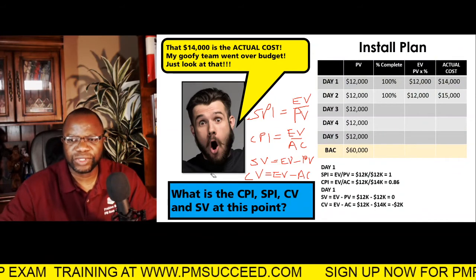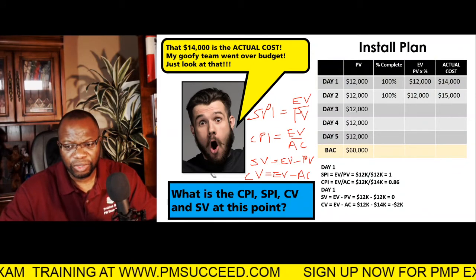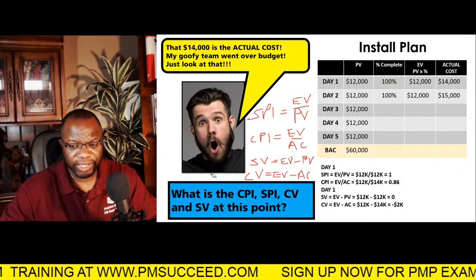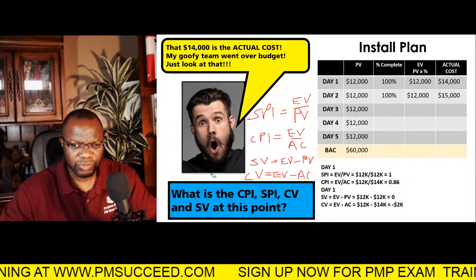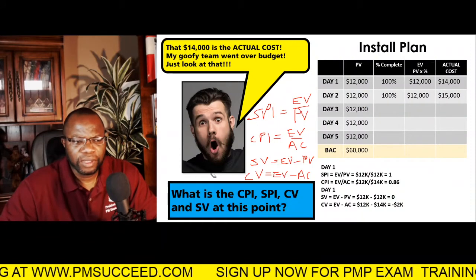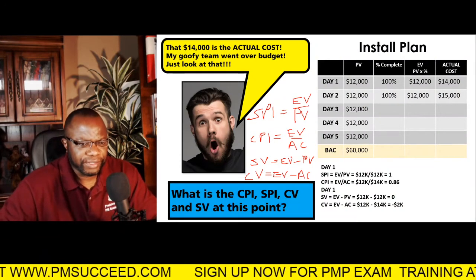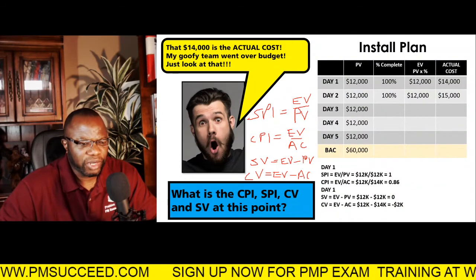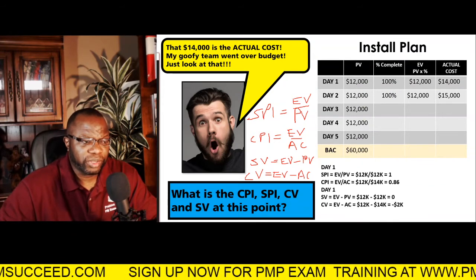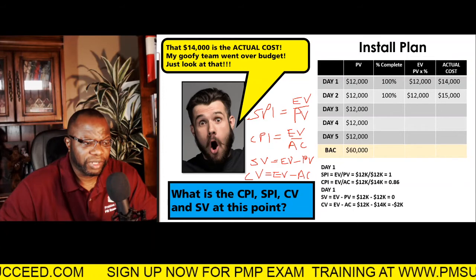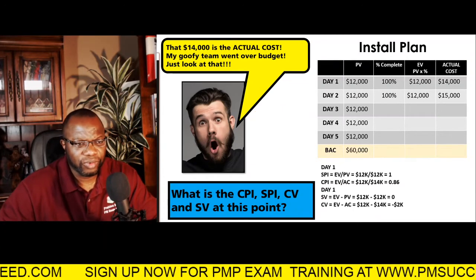Now, if you take those same numbers for day 2, you'll have minus 3K for the cost variance, but everything else is pretty much the same. So what you can learn from this is that on a project you could be doing really well in schedule but bad in cost, or you could be doing really bad in cost and doing really well in schedule.